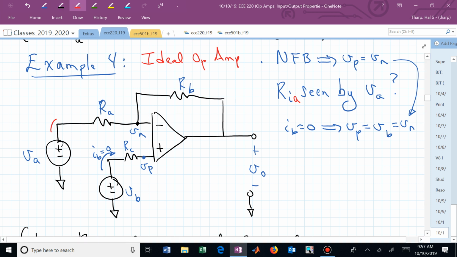So now, can we calculate I sub A? Because R sub I sub A, if we're keeping the same understanding, the same relationship, it needs to be, okay, I'm injecting a voltage and I'm going to measure the current that I get out, and that ratio is going to give me the resistance that that particular source sees. What is I sub A?